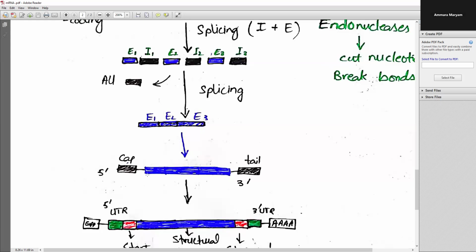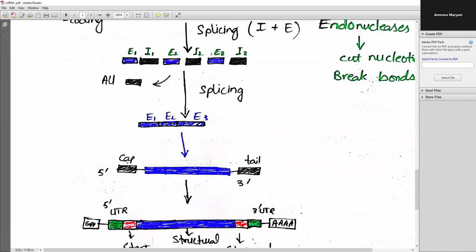Now, what is the capping and the tailing? So, in case of eukaryotic messenger RNA, this particular messenger RNA is basically capped at this terminal. इसके 5 prime terminal पे there will be addition of a 7-methyl guanosine triphosphate. ठीक है.